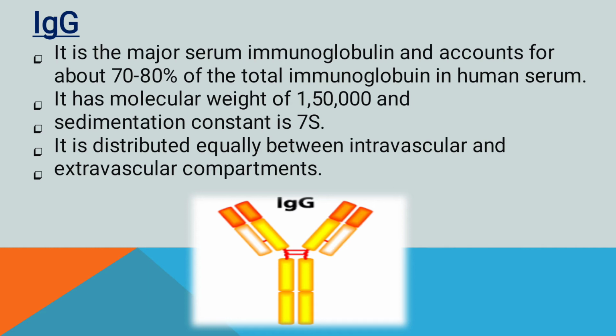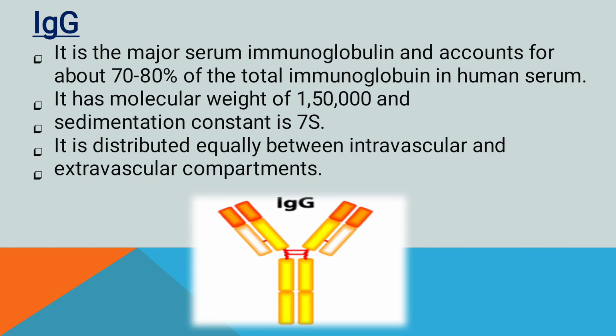So IgG is a major serum immunoglobulin and it accounts for about 70 to 80% of total immunoglobulin in the human serum. It has a molecular weight of around 150,000 daltons, and its sedimentation constant is 7S. It is distributed equally between the intravascular and extravascular compartments.